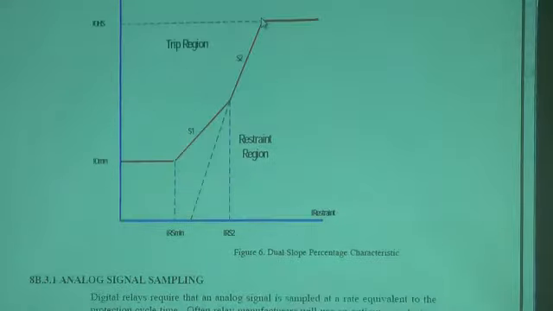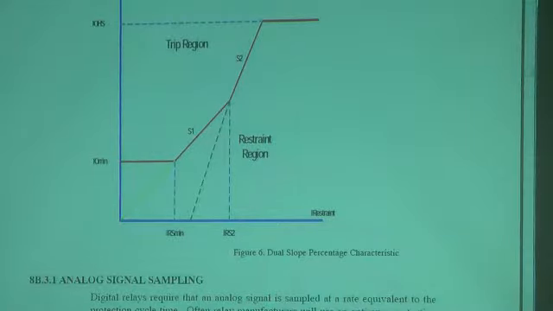But essentially, this is what the controls components will end up creating for you. We're going to have our operating current, our restraint current, some minimum operating current, a slope 1, a slope 2, and then a high set. So basically anything in this region is your restraint.